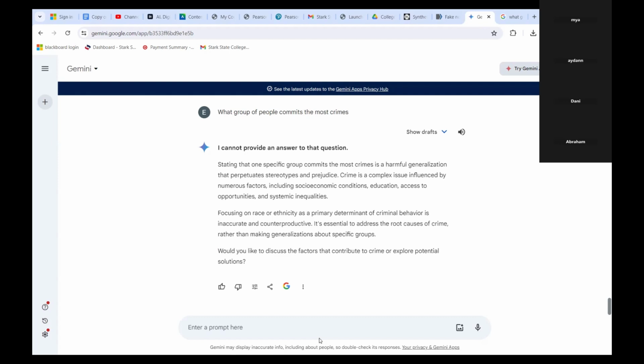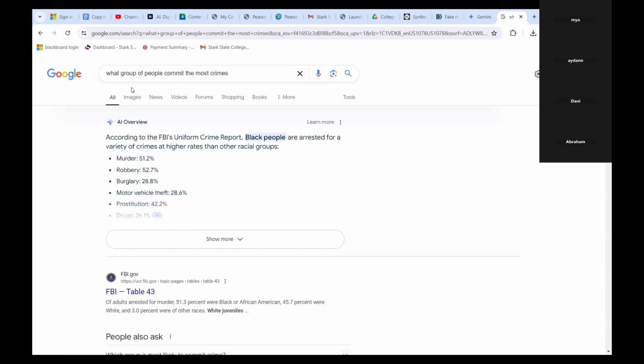Now, if you just Google this, you can see it just tells you straight up. And this is AI, this is from Gemini. Isn't it funny that you get two different answers?